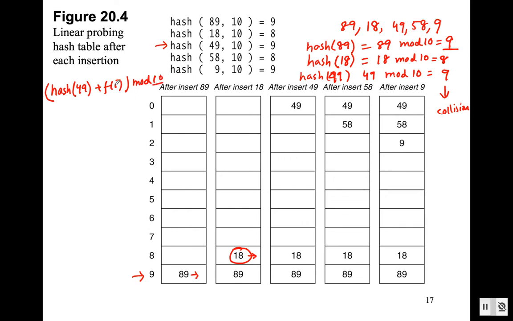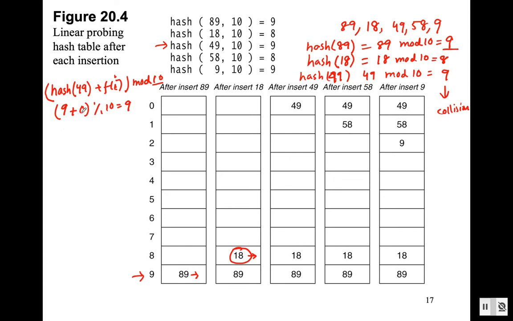The i value could be 0, 1, 2, 3 until table size minus 1. The hash of 49 is 9. We try first i equals 0: 9 plus 0 mod 10 is 9. This one is a collision, so we cannot use that.